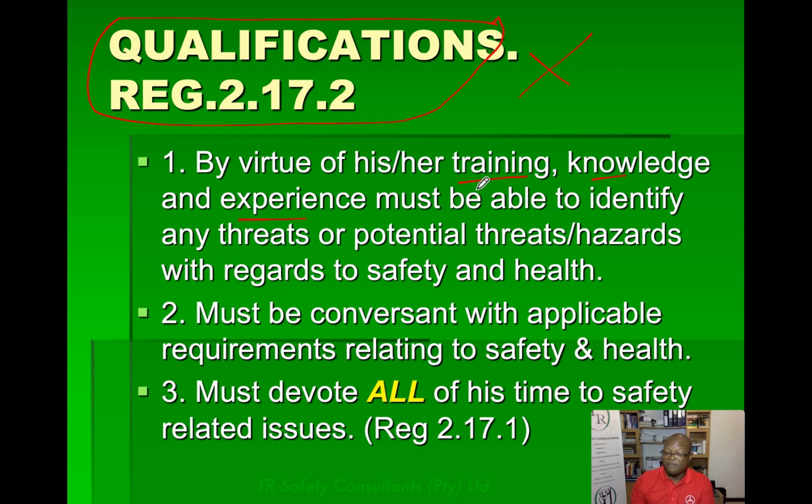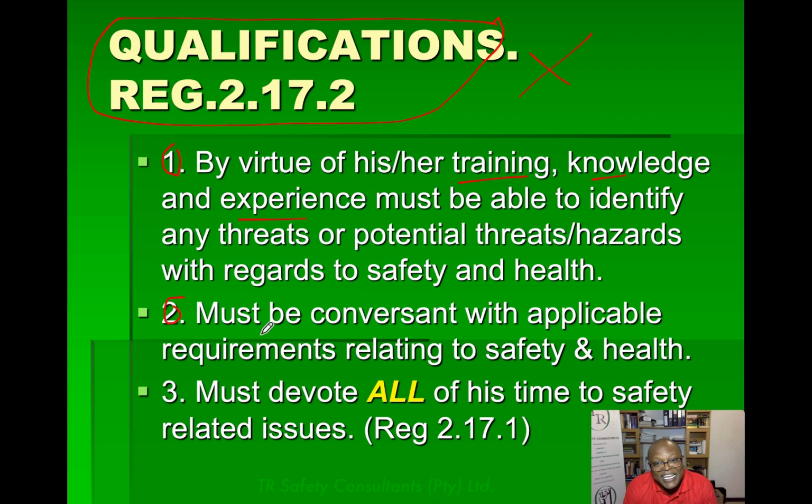Must be conversant, so this was number 1 in the qualification, must be conversant with applicable requirements relating to health and safety, must be familiar. I mean, it is so embarrassing to find a safety officer and you ask, what does Section 20 of the Mine Health and Safety Act deal with? Tololo, they don't know. Section 83, Tololo, they don't know.